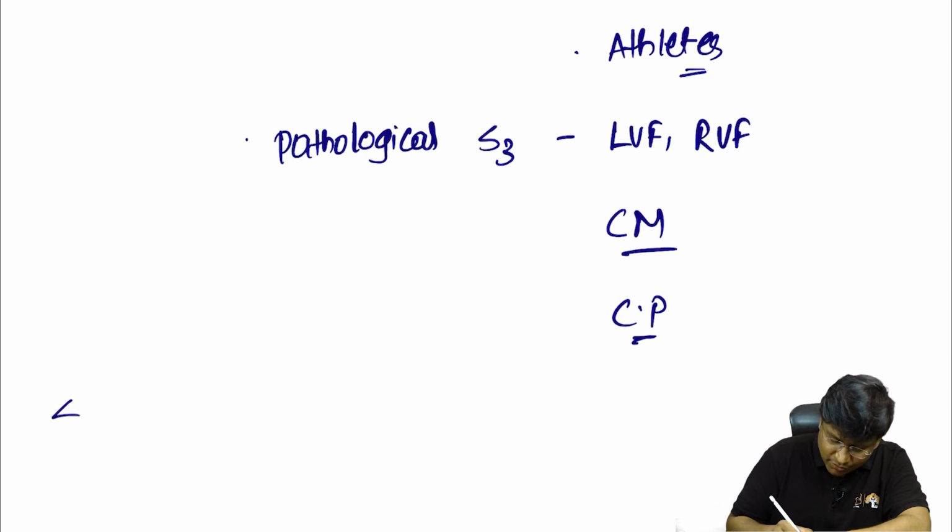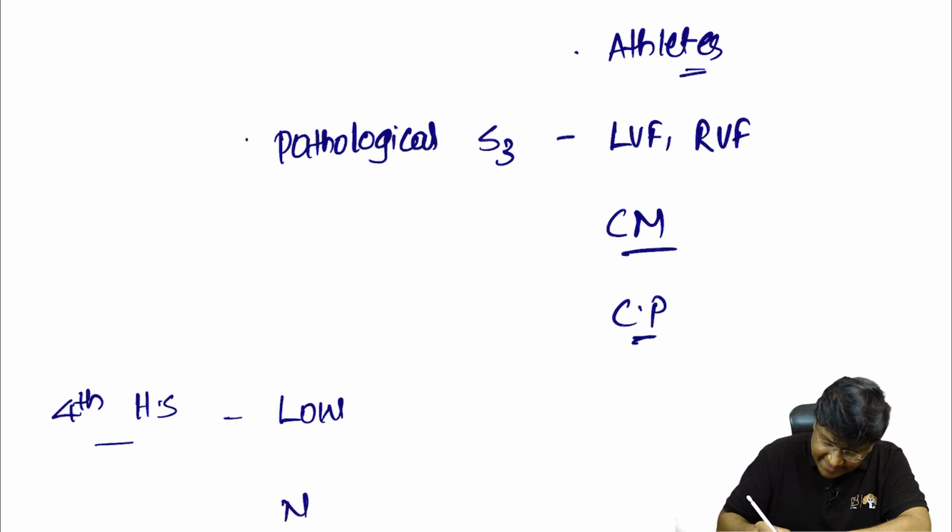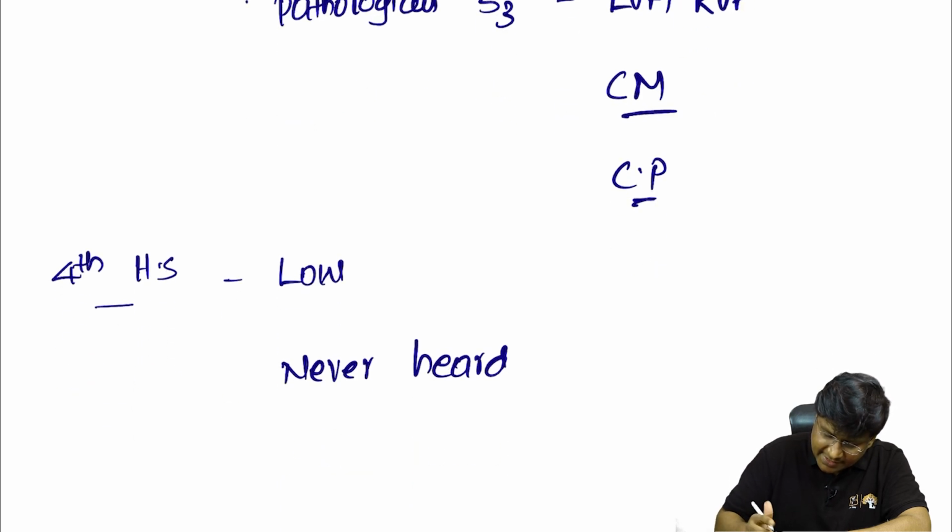Then coming to the fourth heart sound. It is also a low pitched sound, and it is never heard in a normal individual. If it is heard, it is always pathological.